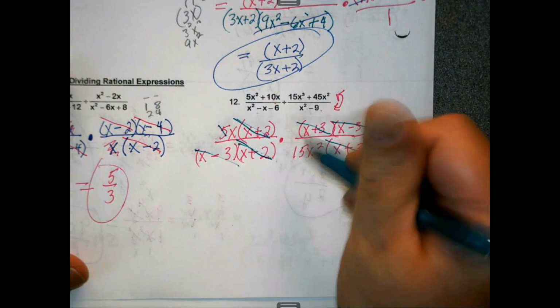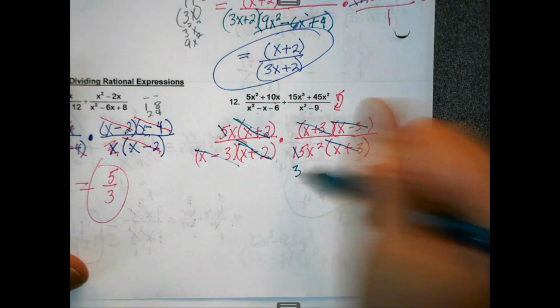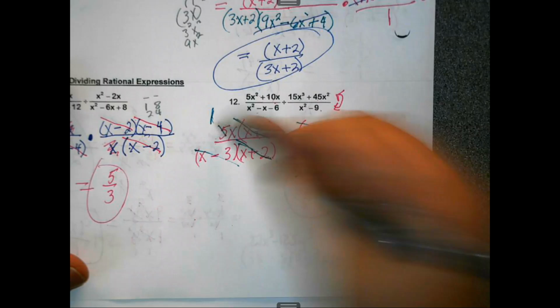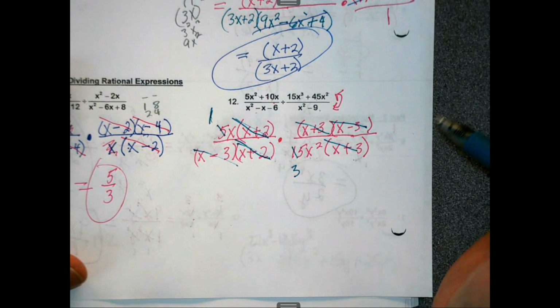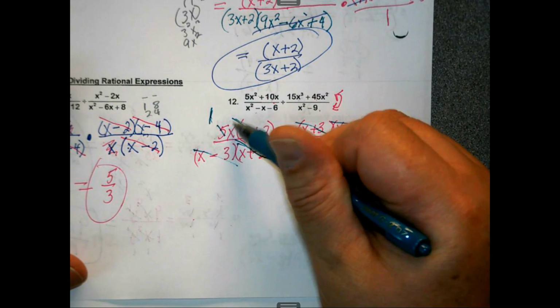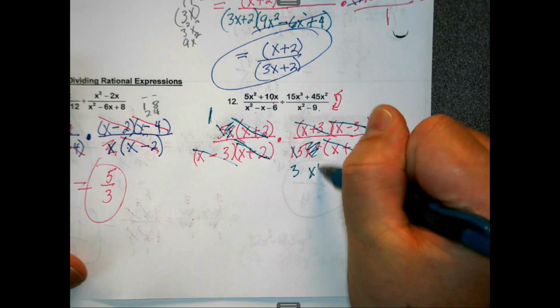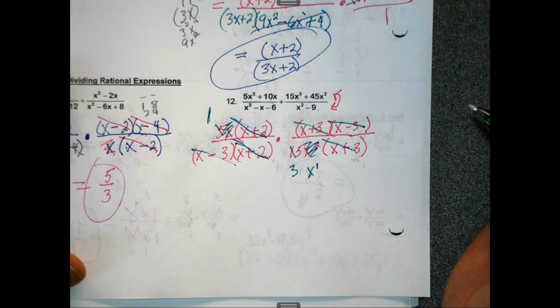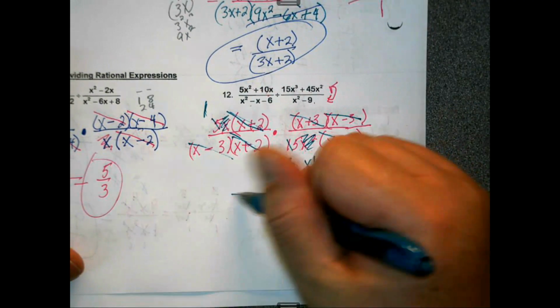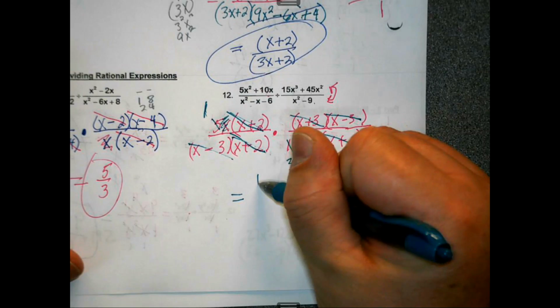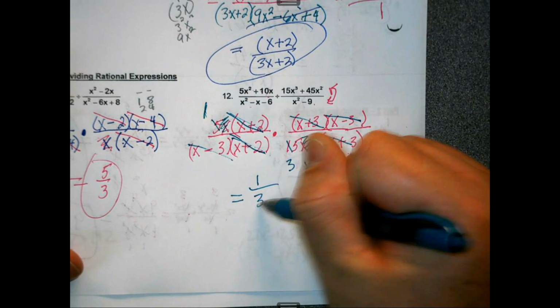See, 5 goes into 15 3 times, goes into itself once. x to the first, leaves me with x to the first down here. So the only thing I got left, 1 over 3x. Yeah.